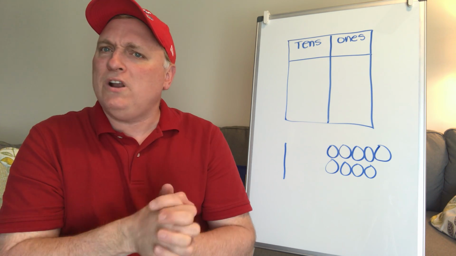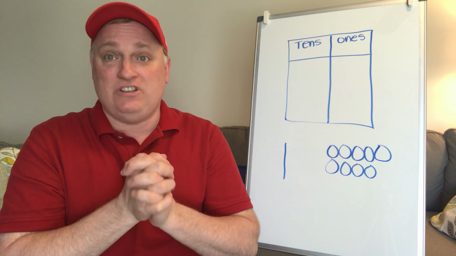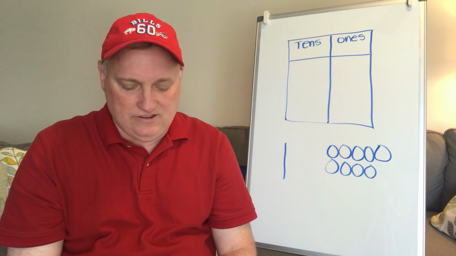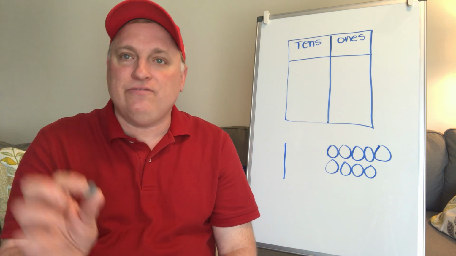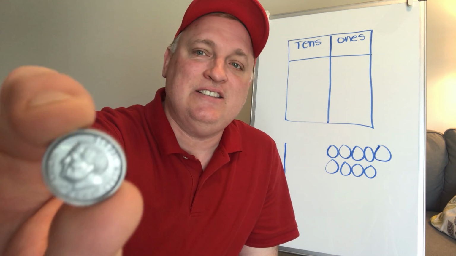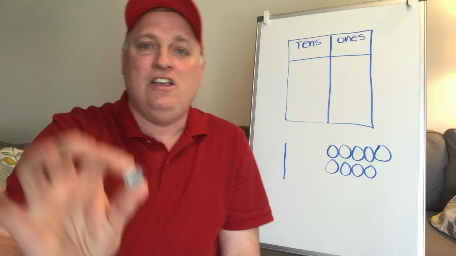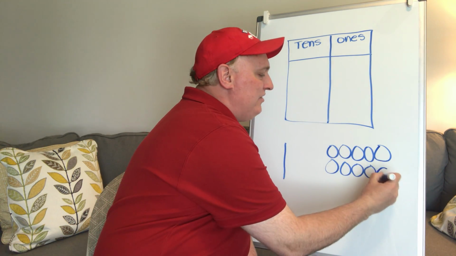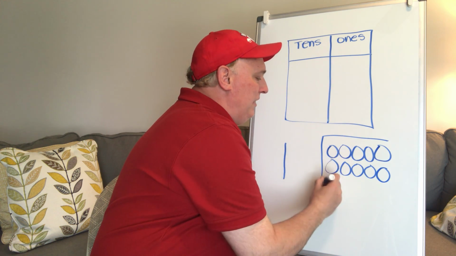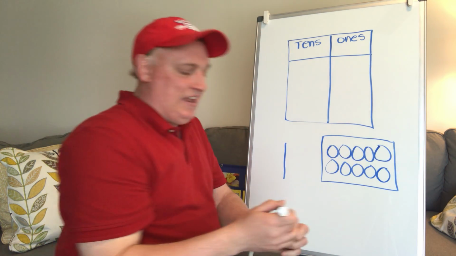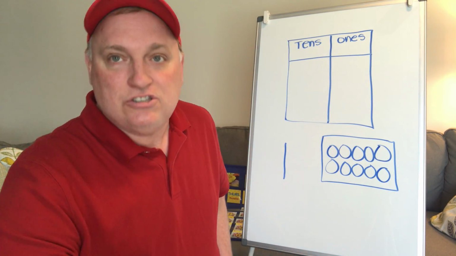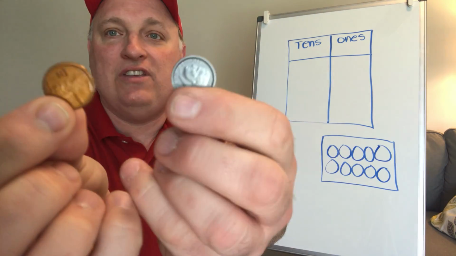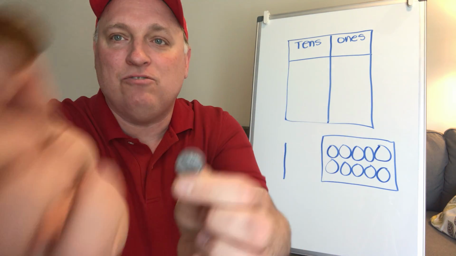So what part of money do you think makes up a bundle? Do you know what coin is equal to 10 cents? Give you a second to think about it. Have we all heard of the dime? This is a dime. This is worth 10 cents. So when we have a dime, it's basically bundling 10 pennies together. So if your parents offer you one of these or one of these, this is worth 10 of these.